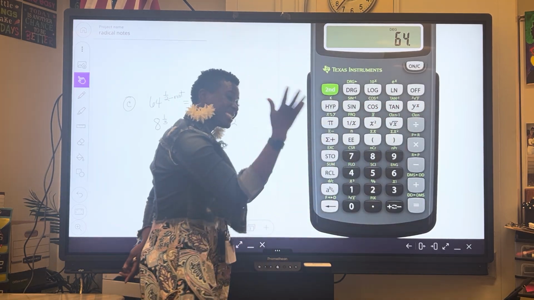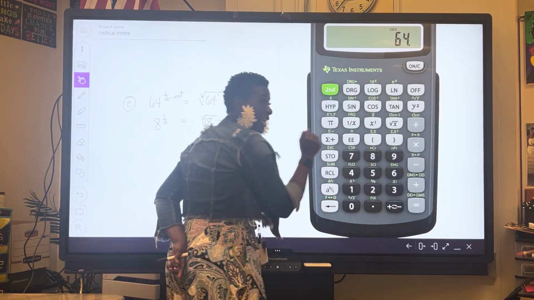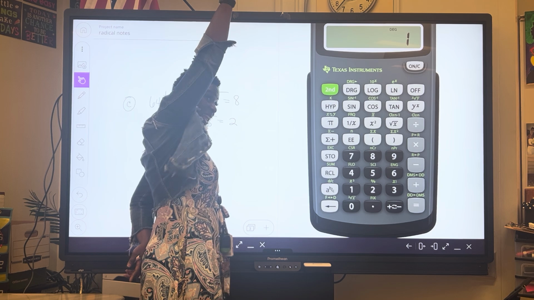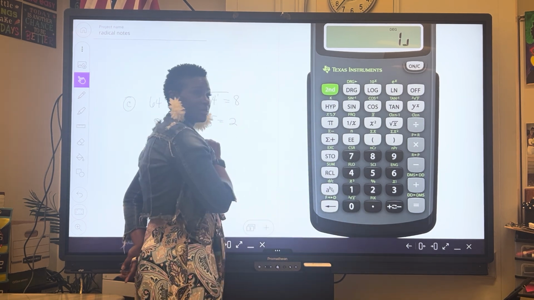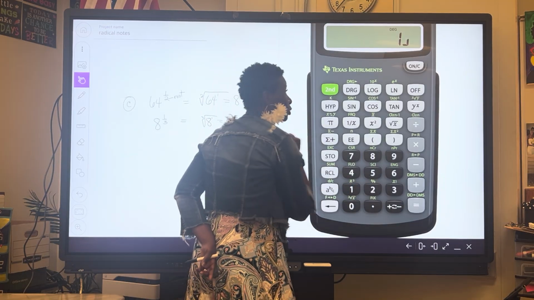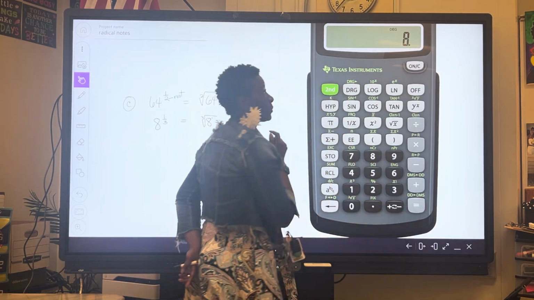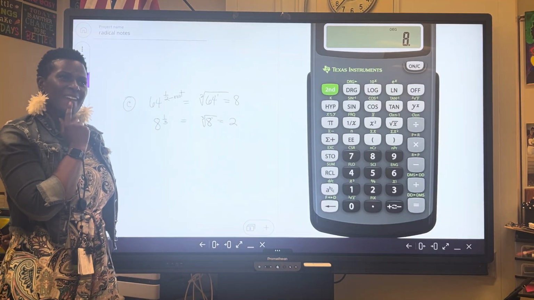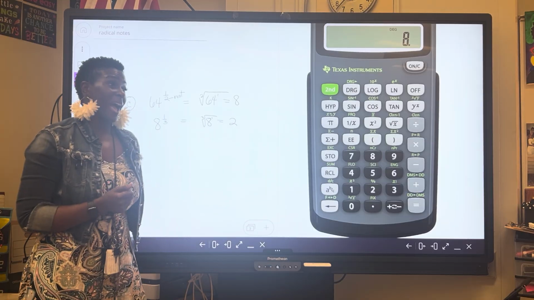But my power is a fraction. So I got to put the 1 in, because it's already at the top, right? But now I need a denominator. So I'm going to hit that, and then hit the 2. That's my exponent now. And then I'm going to press equal. But if you understand how they work, it saves you time.